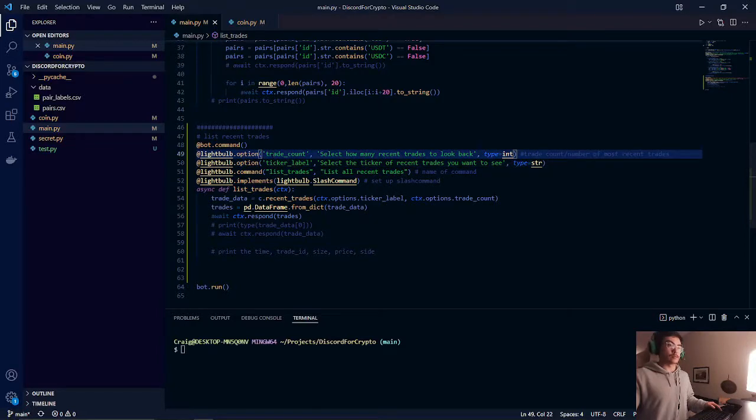The trade count, as you can see here, would show how many recent trades you'd be looking back, and the ticker label would be what combination you would like to see. So in our example, we looked at Bitcoin to USD, and then here we just have the list trades command.